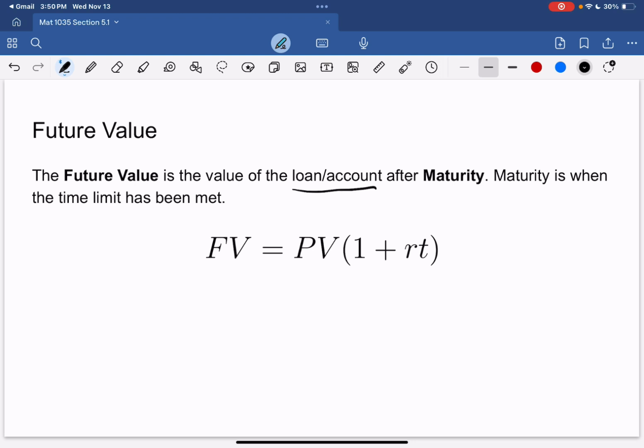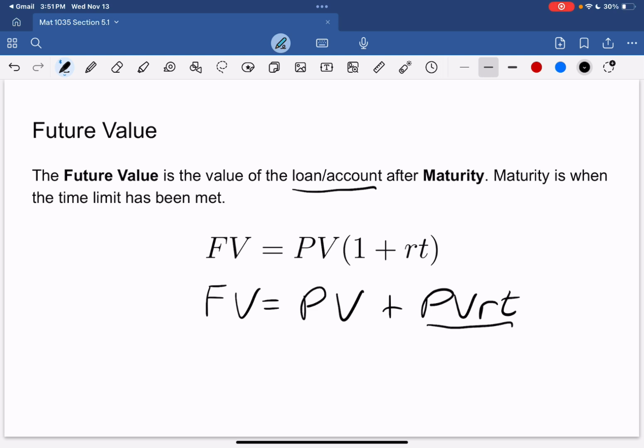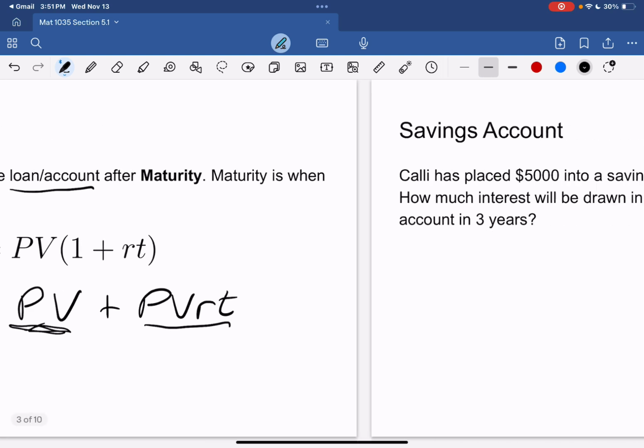From an algebraic standpoint, we have PV times 1, plus PV RT. We calculate the interest by PVRT, which we discussed on the previous slide, plus the original present value. So if I put 5,000 in, and then that account's worth 5,600, then that's 5,000 plus the 600 of interest, just as an example.